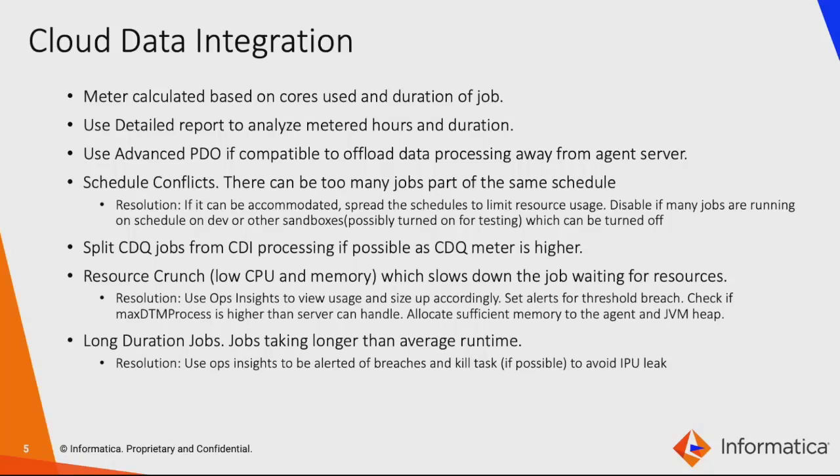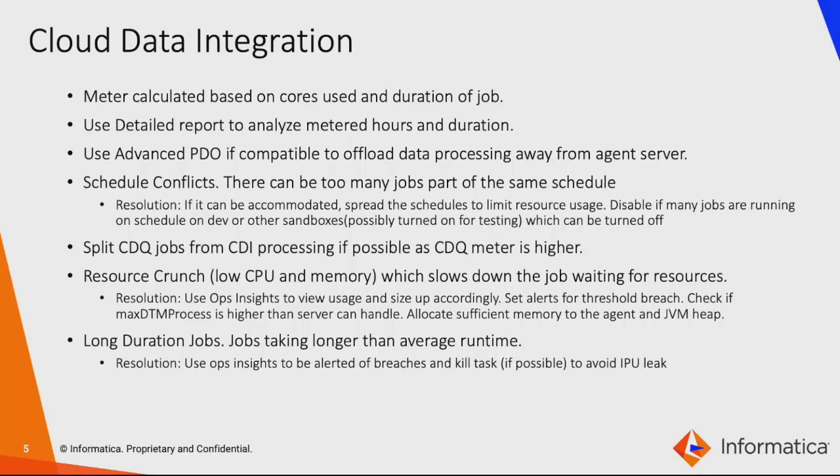So what happens in resource crunch scenarios is, as mentioned in your schedule conflict, you'll have a lot of these jobs fighting for resources at the same time. Or even if there are just two or three jobs running in parallel, if they're not rightly sized, if you have a lowly configured agent, for example, you will start seeing the CPU and the memory usage spiking up to a higher threshold, which would again increase the duration of the job, right?